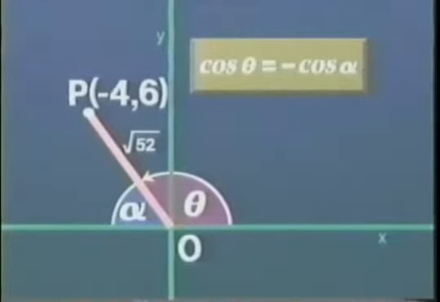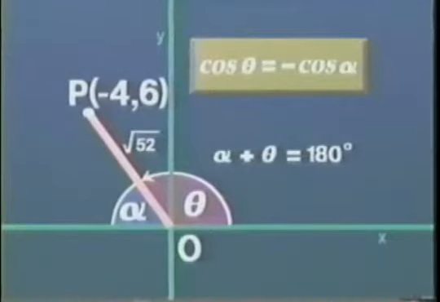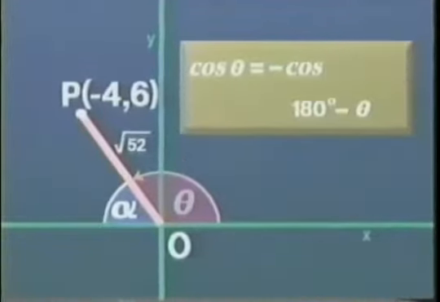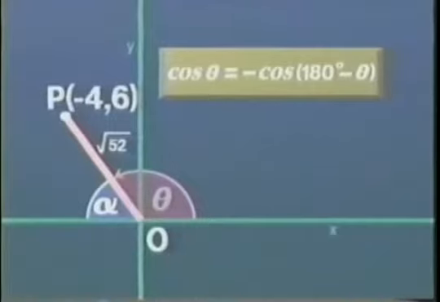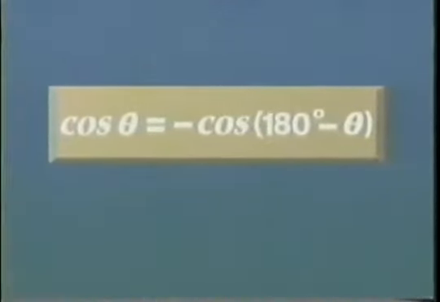We already know that alpha plus theta equals 180 degrees. And therefore, alpha equals 180 minus theta. Substituting for alpha, cos theta equals minus cos of (180 minus theta).